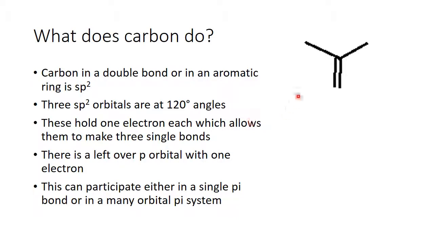There's a leftover p right here with 1 electron in it, and this can participate either in a single pi bond, or if it's in a ring, or even if it's not in a ring, if it's an open chain with lots of other p orbitals, you can participate in a many orbital pi system. For every p orbital that you have, you're going to have 1 molecular orbital.